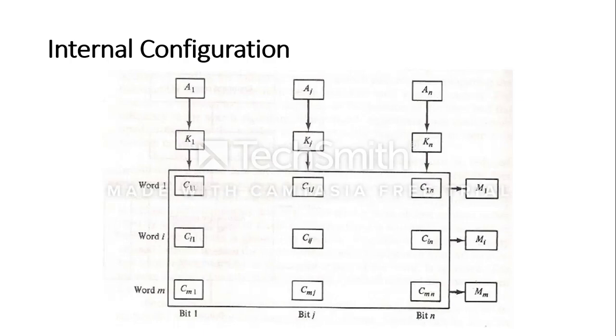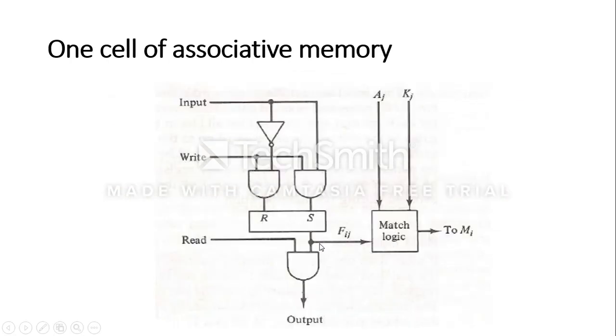Let's say we want to understand the internal construction of this particular cell, Cij. That means word number i, and one particular bit of this word we have selected, that is the jth bit, Cij. Here RS flip-flops are used to construct the associative memory.